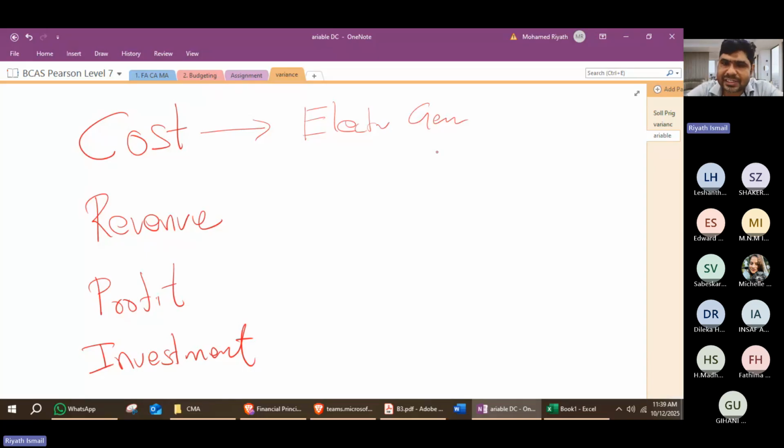When you run a power generator in your organization, you are not CEB. You are producing chemical products, you are producing fabrics, things like that. So you are running a generator.